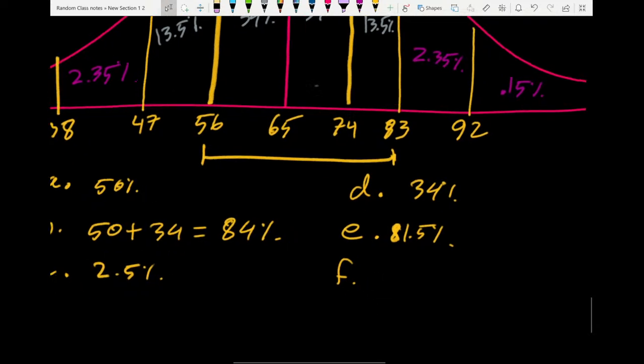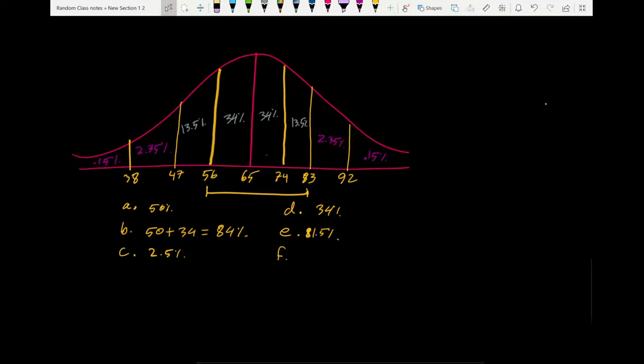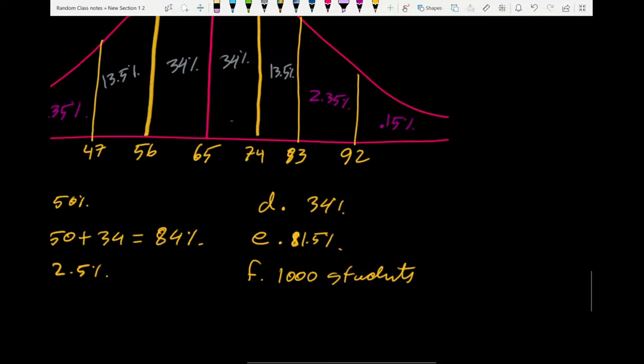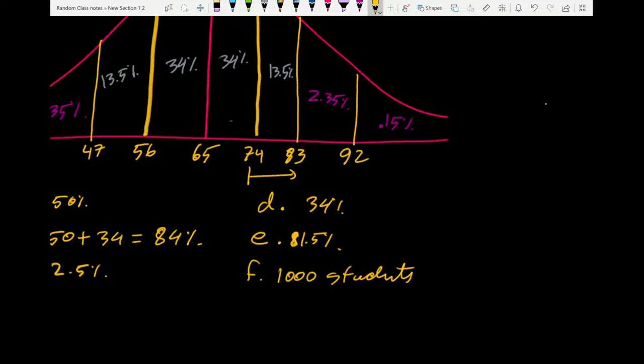So this is a tricky one. We have 1,000 students taking the exam, and all the students with grades between 74 and 83 earned a B. How many students earned a B?